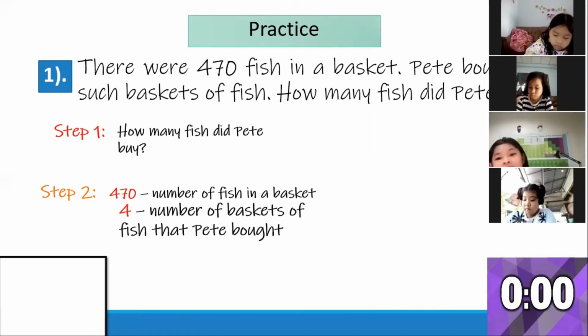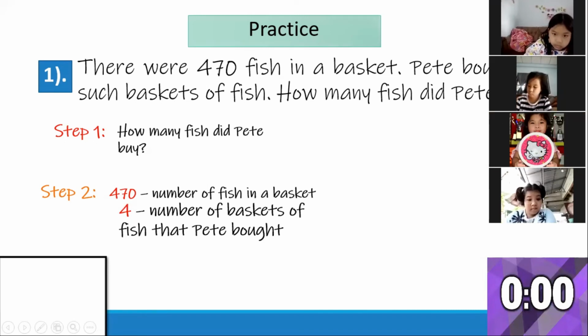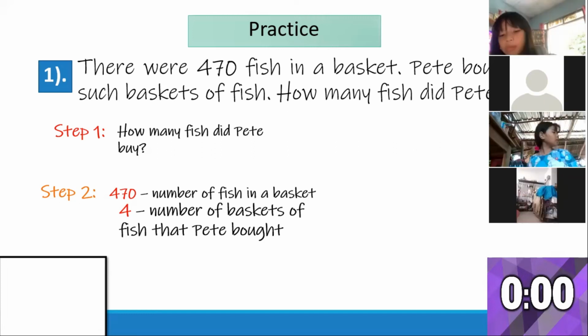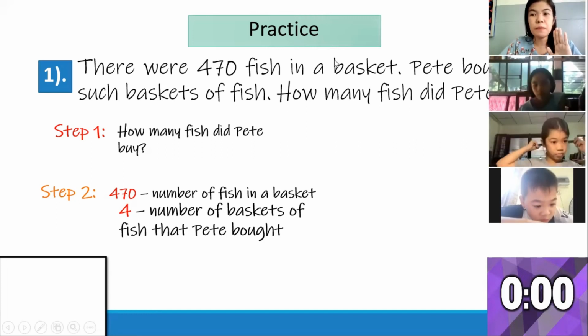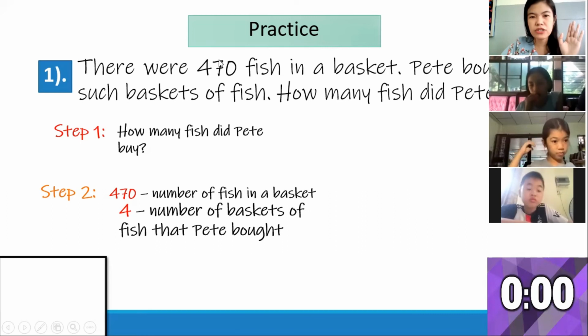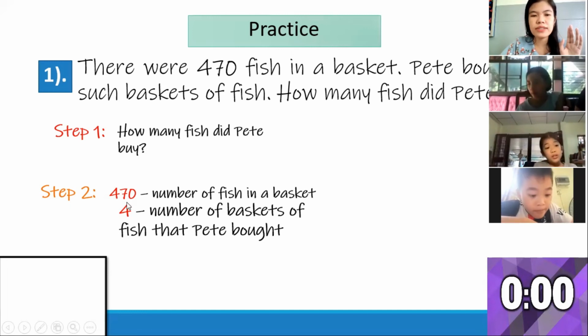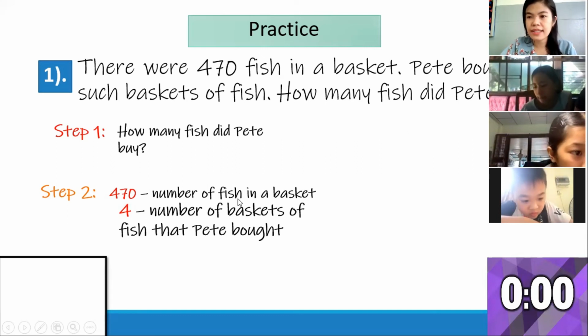Who got the answer for number 2? Again, step 2, you have to write the numbers in the problem. So we can find two numbers, 470 and 4. So 470, what is that? That is the number of fish in a basket.